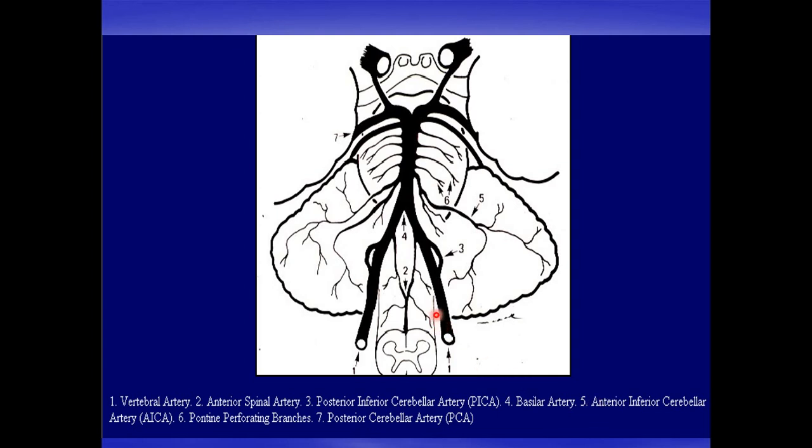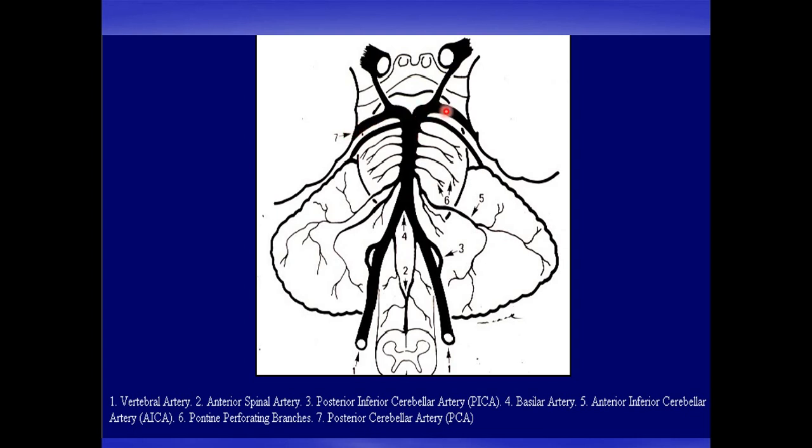So we have here the vertebrobasilar system. You can see here the spinal cord forming the medulla oblongata, and then this here will be the pons and then the midbrain. So we have the vertebral artery, right and left. They join together to form the basilar artery, and the basilar artery will bifurcate into two posterior cerebral arteries, the PCAs.